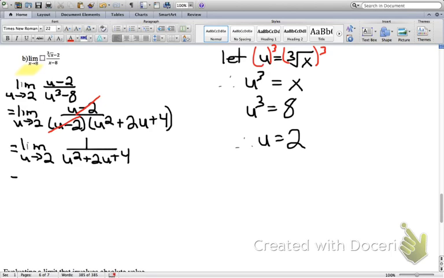We can then substitute in our 2 because u is approaching 2. So therefore we have 1 over 2 squared plus 2 times 2 plus 4, giving us 1/12.